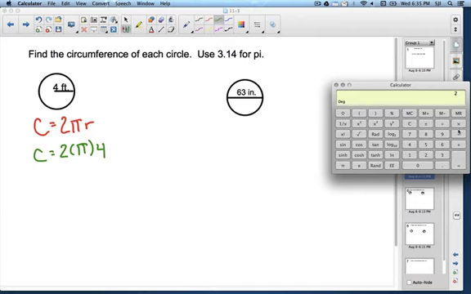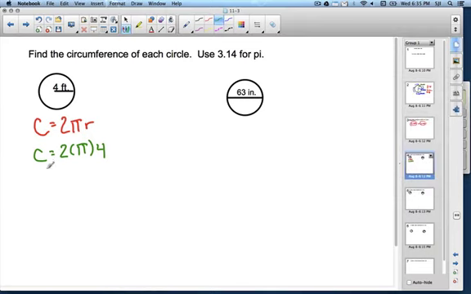So I'm going to go 2 times 4 equals 8. And then I'm going to take that answer and multiply it by 3.14. And I get 25.12. So the answer for the circumference of this is 25.12 feet. So if you were to walk around a circle that had a radius of 4 feet, you would walk 25.12 feet.